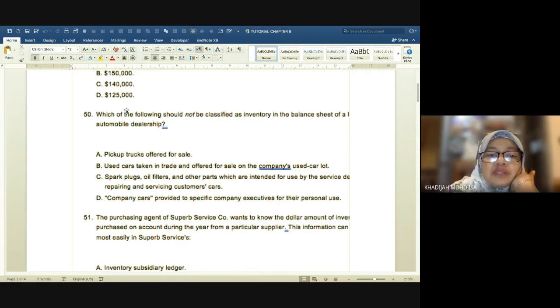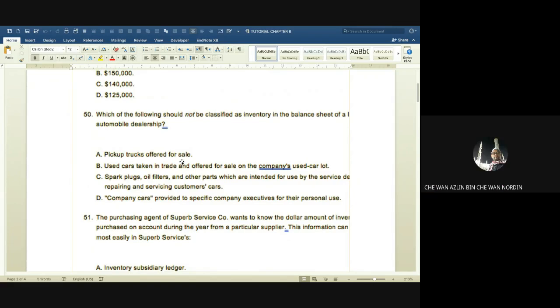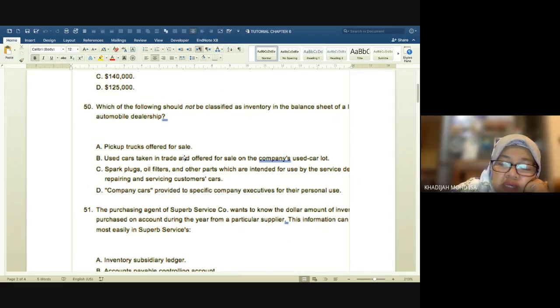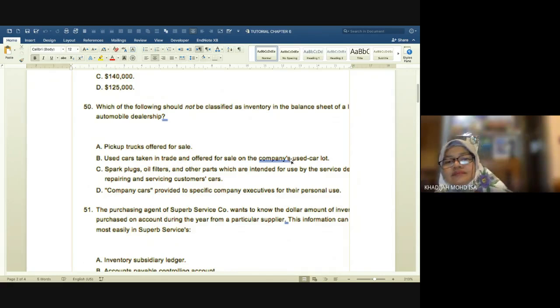Would a pickup truck offered for sale be inventory? Yes. A used car taken in trade and offered for sale on the company's used car lot?